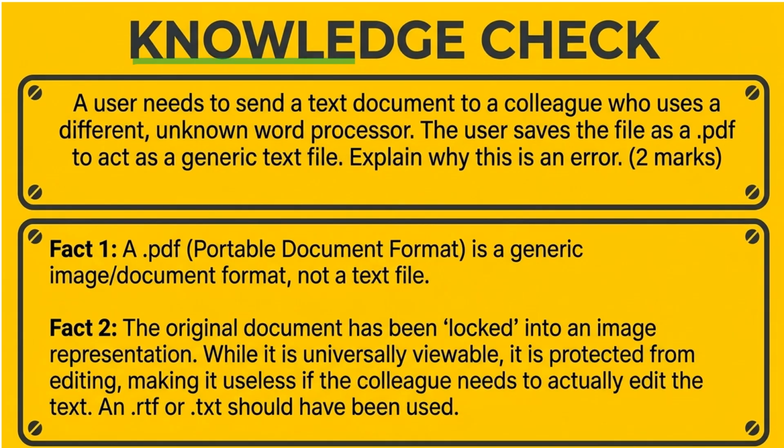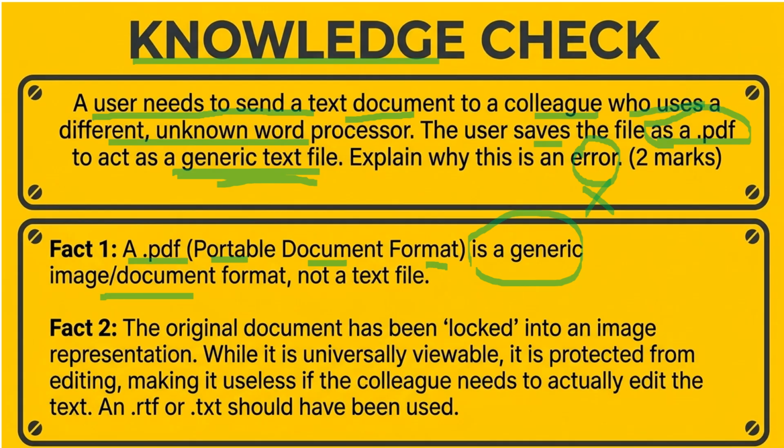Knowledge check. A user needs to send a text document to a colleague who uses a different, unknown word processor. The user saves the file as a .pdf to act as a generic text file. Explain why this is an error. 2 marks. Fact 1: a .pdf, portable document format, is a generic image document format, not a text file.